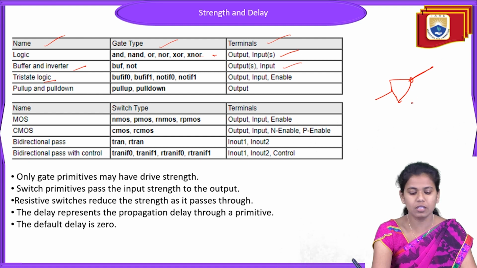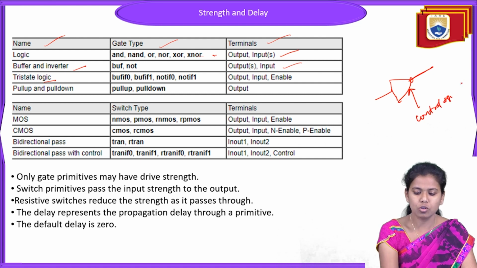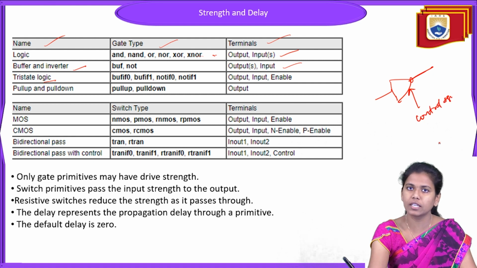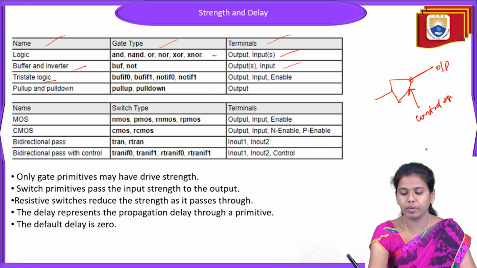So for this tri-state logic, one more signal has to be considered. This is the control signal. The output is driven only with respect to the control signal as well as the input signals.